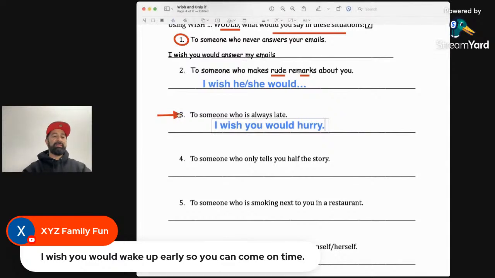Okay, great sentence for number 3. Let's move to number 4. The situation is a little bit difficult here. Before I explain what this means, I want you to try. So what would you say to someone who only tells you half the story?